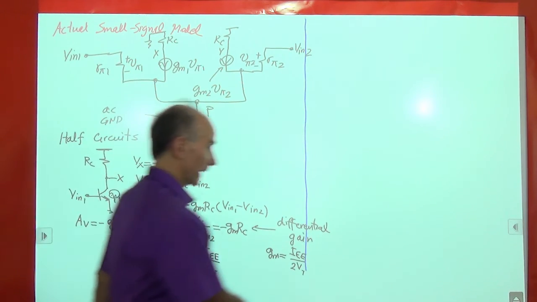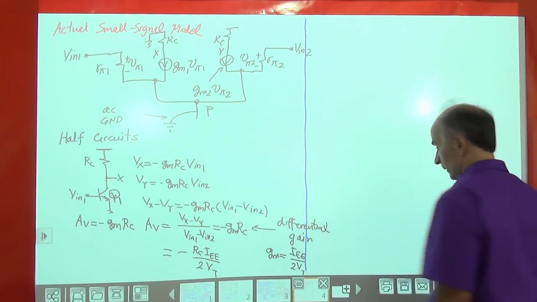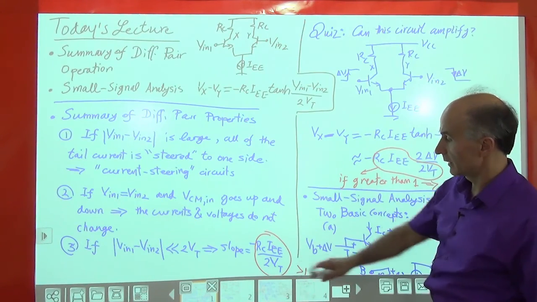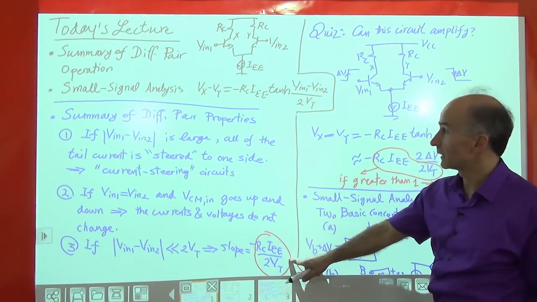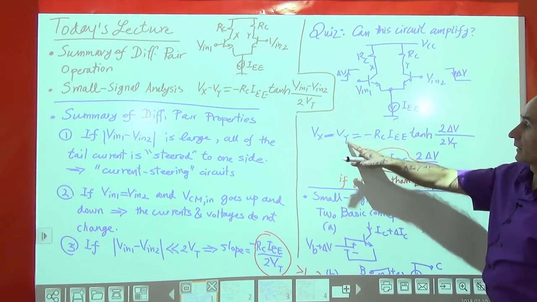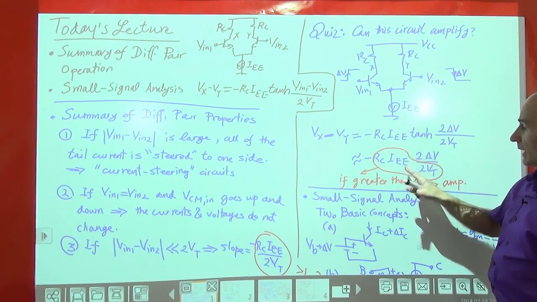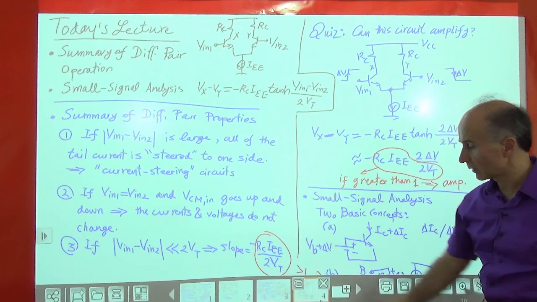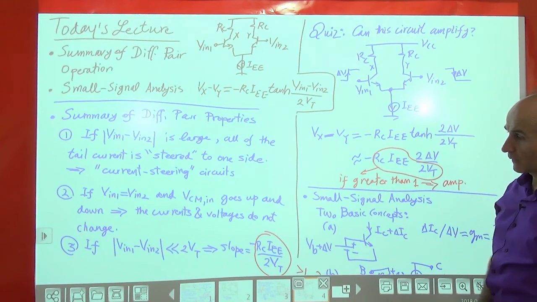So if I go back here, you remember that over here we found that the slope is given by this, the slope of the large signal characteristic. And then again, we found the response to a small voltage change, and again, it was the same amount. And now, using a formal small signal analysis, we saw the same result.